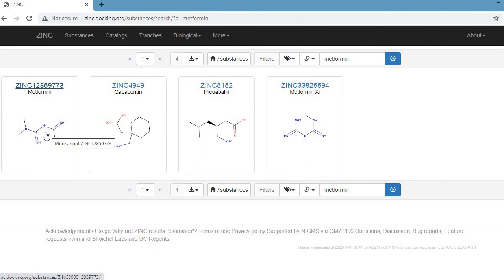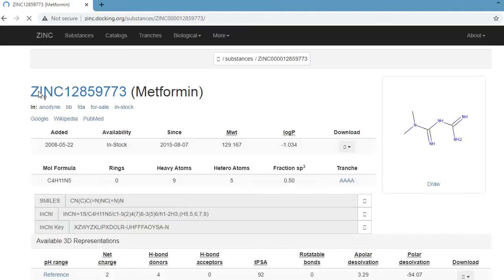Suppose I click on the first structure. So here it is open for metformin. It is also available in stock, metformin. Here are various informations like SMILES are given.